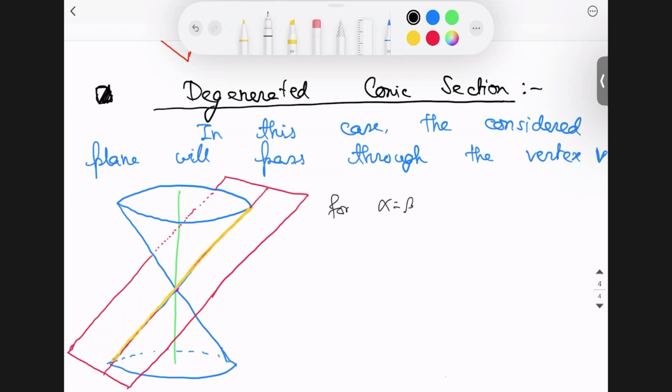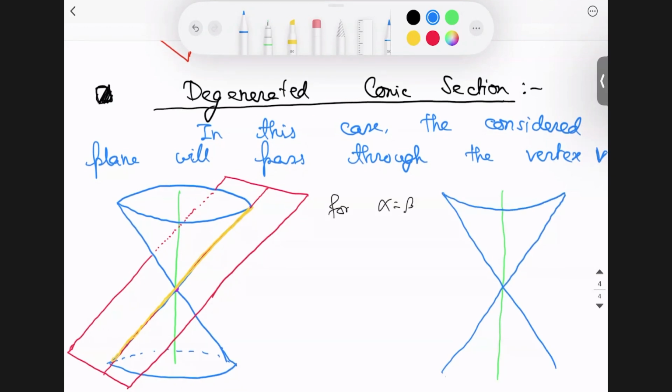Now, what if beta equals 90 degrees? Okay, let's draw here. Green line again. The plane is at 90 degrees and passing through the vertex.